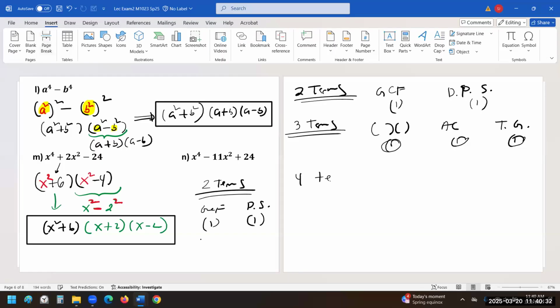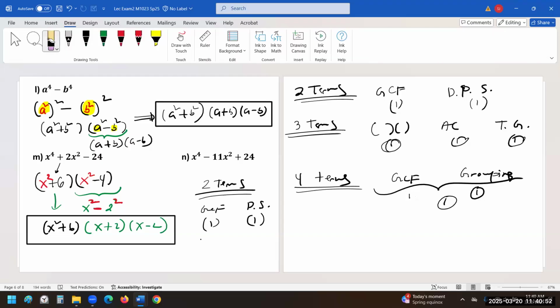Then you have four terms. Four terms has GCF and then grouping. So 1, 1, or probably combining one like the one we had here, the grouping and GCF.